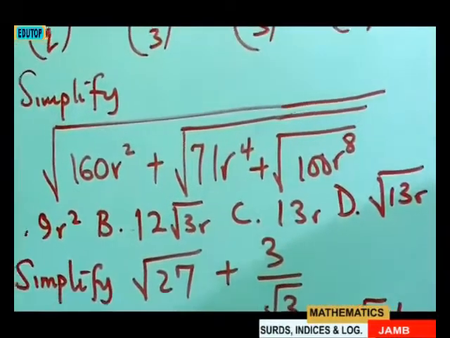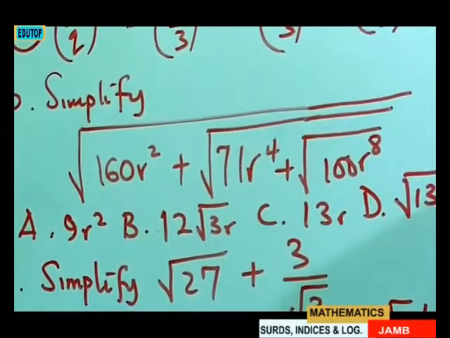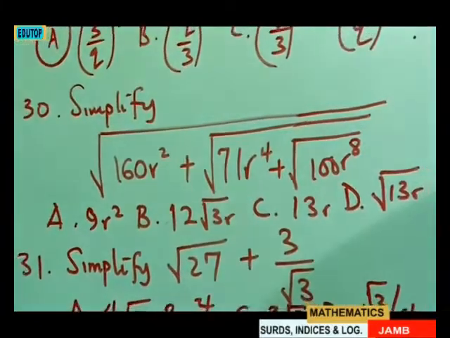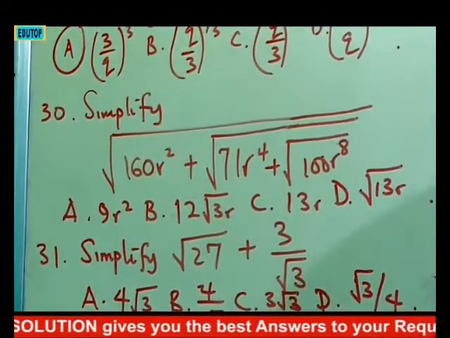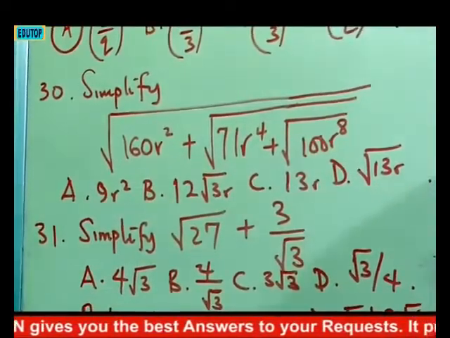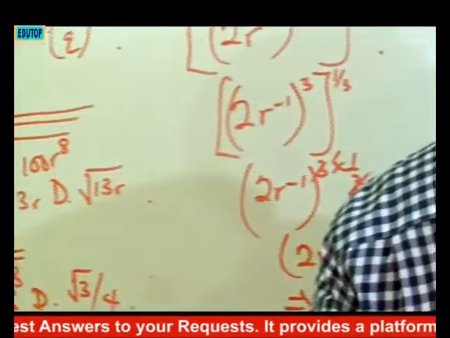I have another longer one: the square root of 71 r raised to power 4, plus a shorter one, that is the square root of 100 r raised to power 8. Square root of 100 is what? 10. Square root of r raised to power 8.